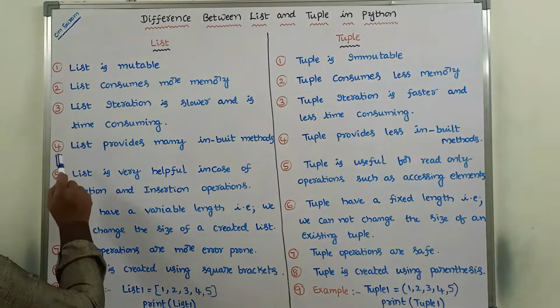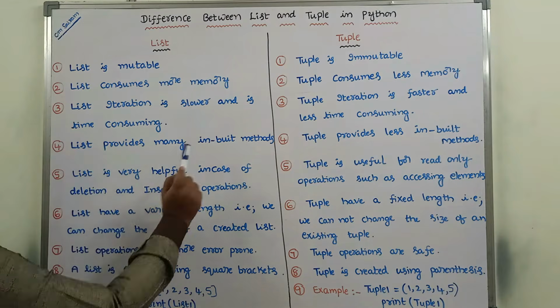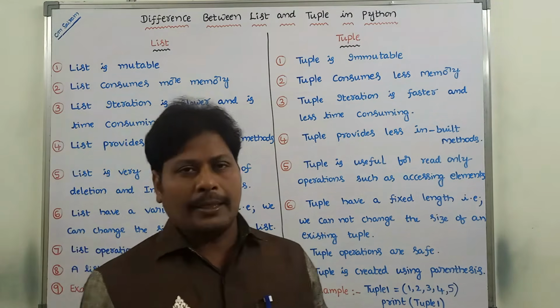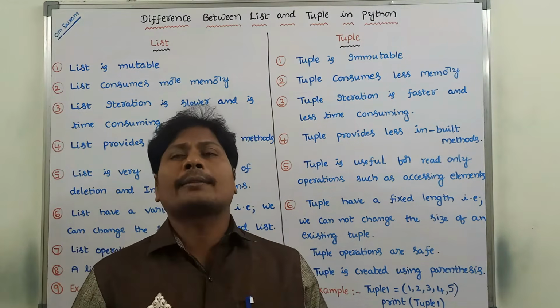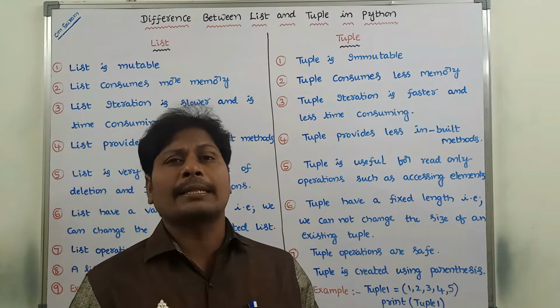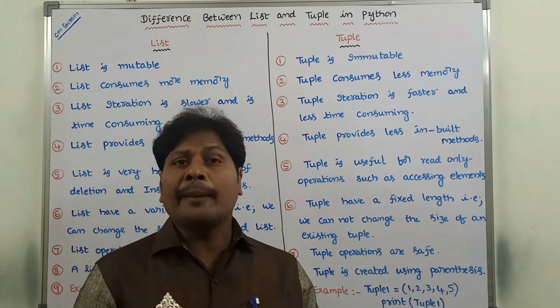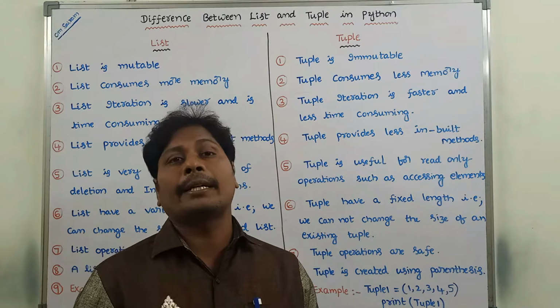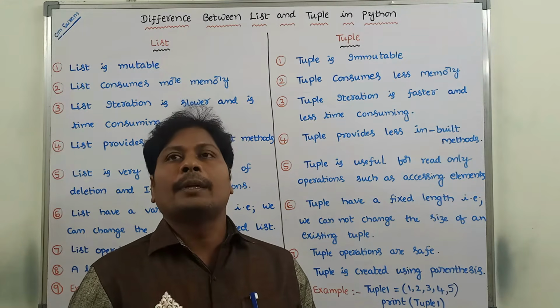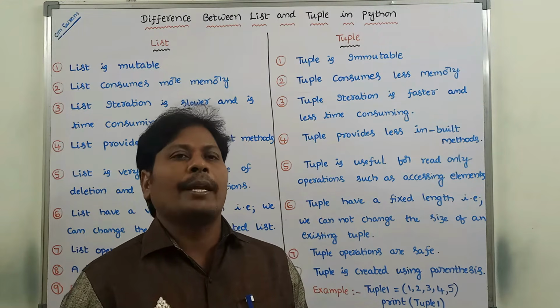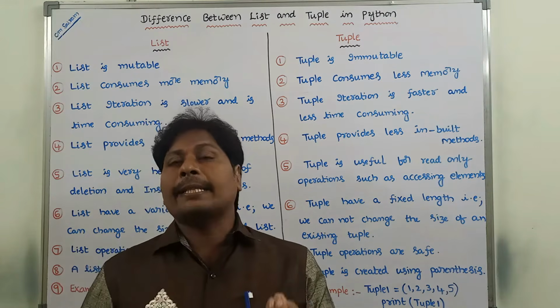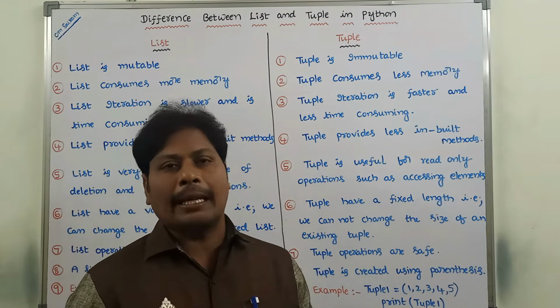Next, fourth point, list provides many inbuilt methods. So list provides several built-in methods such as append method, insert method, sort method, remove method. These are the various inbuilt methods in the list.